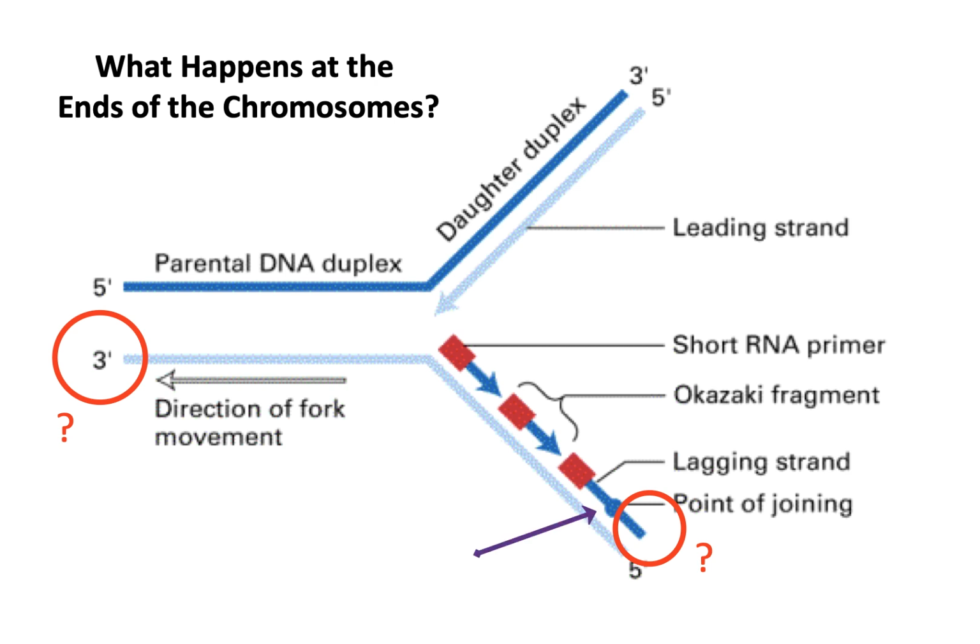However, that presents a problem because you can't get all the way out here on the 3' end. So the chromosomes, if they aren't protected on those ends, become shorter and shorter and shorter with each replication cycle. And actually your chromosomes are becoming shorter and shorter as you age, as your cells divide.